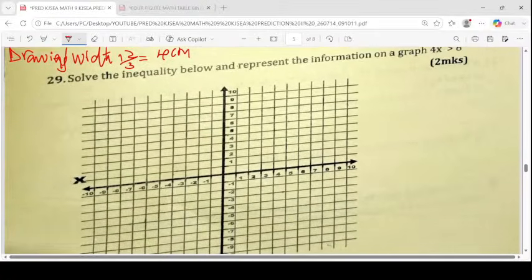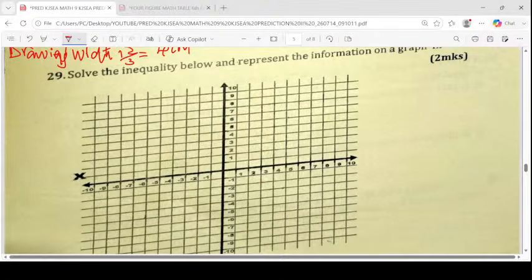Question number 29. Solve the inequality. Let me fix the internet issues on my end in a minute.